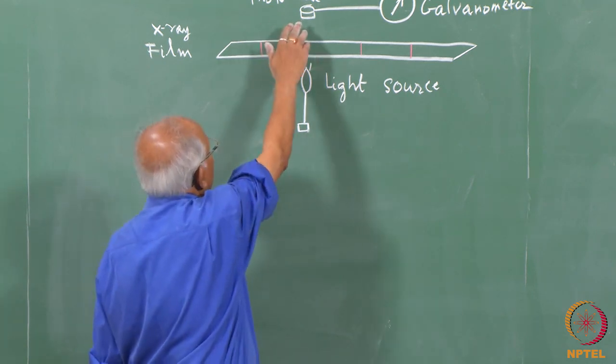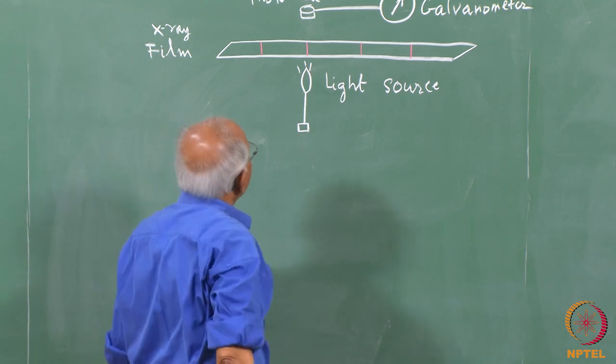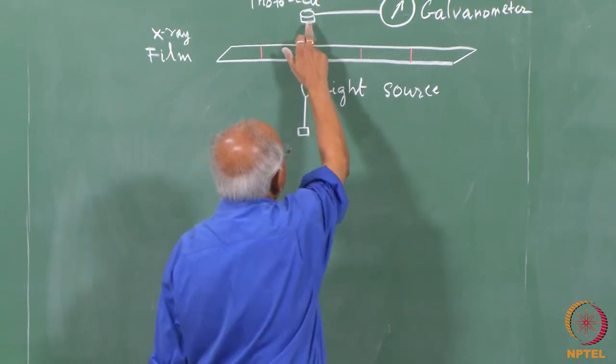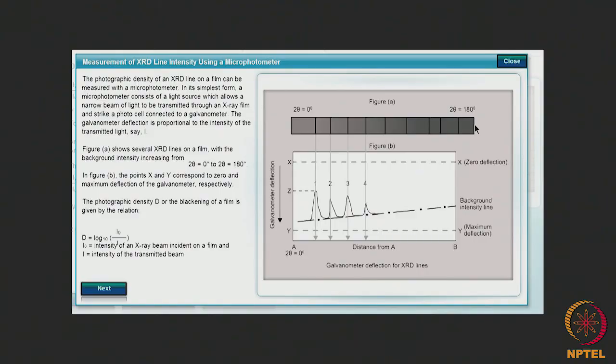Above there is a photocell which will record the transmitted light intensity, and this is again connected to a galvanometer.